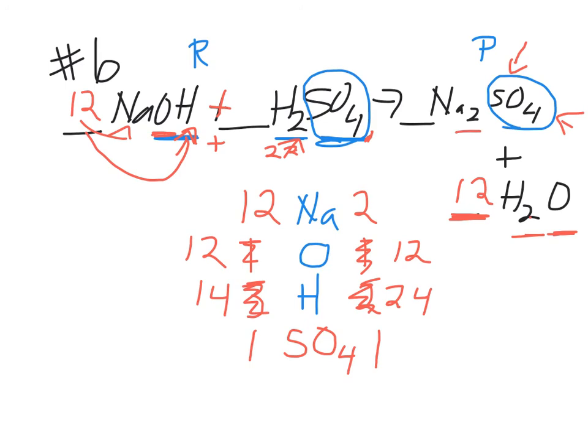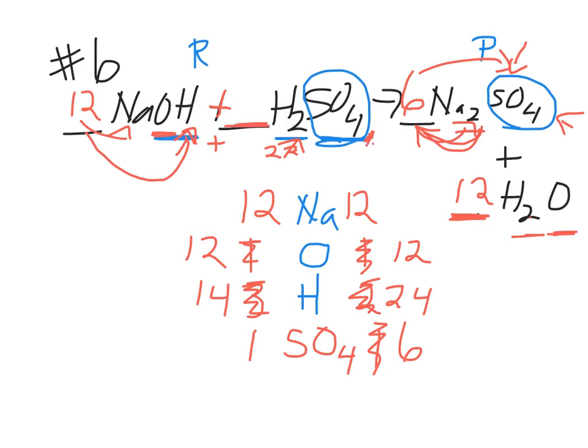So what do I need here? 2 times what will give me 12? A 6. So this gives me 12 sodium. Remember that this 6 not only affects sodium, it also affects the sulfate. So now I have 6 sulfates. Over here I only have 1 sulfate.